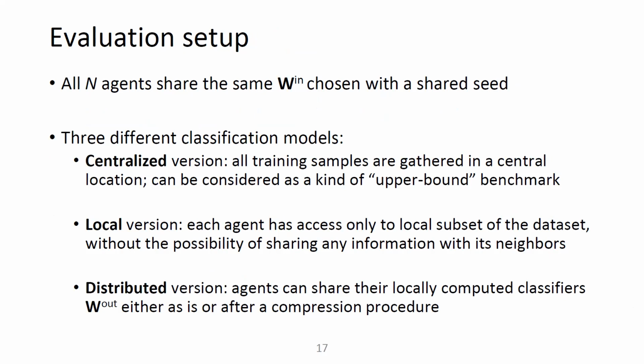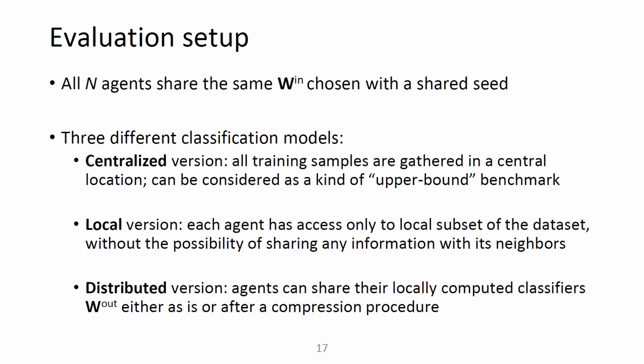So we are basically saying, what if the data is all gathered in a single agent? Information is all available to a single agent. This will, of course, have the highest classification accuracy, because, as I said, all information is gathered in one place.